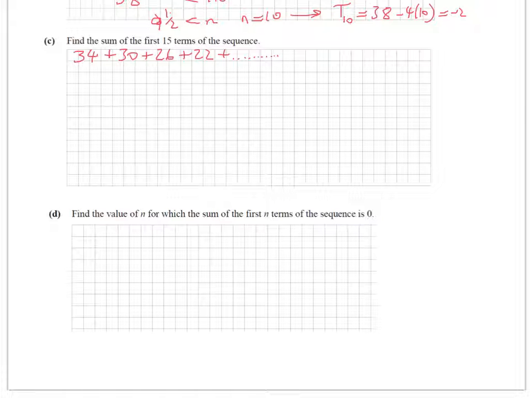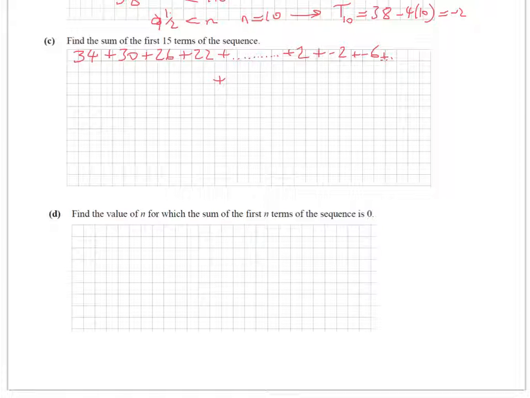Okay, and it carries on, it goes down to 2, and then it becomes minus 2, and then it's minus 6, and carry on and carry on. So in this instance we've got the 10th term, 11th term, and just carry on with a few more after that until we get to the 15th term.